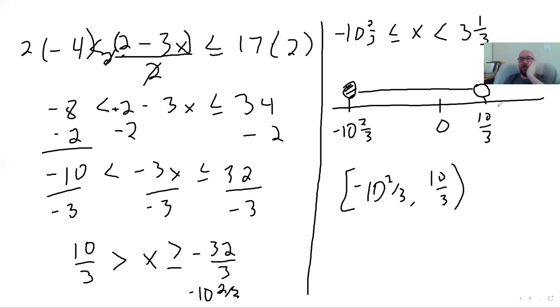You want this to be easily visualizable on a number line so that you get a clear picture of what your answer looks like. And I know that this is relatively simple and you wouldn't have too much trouble mentally turning this around to visualize that. But things get more complicated eventually. And so it's probably a good habit to get into. My mathematician friends do this. I would suggest that you do it as well.